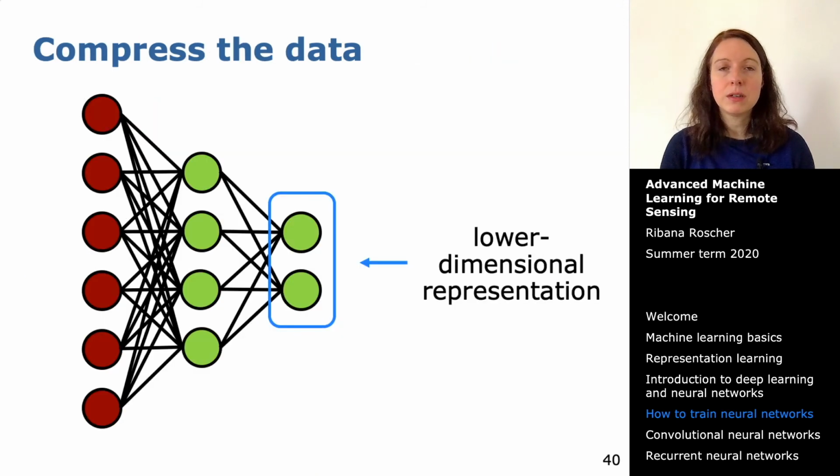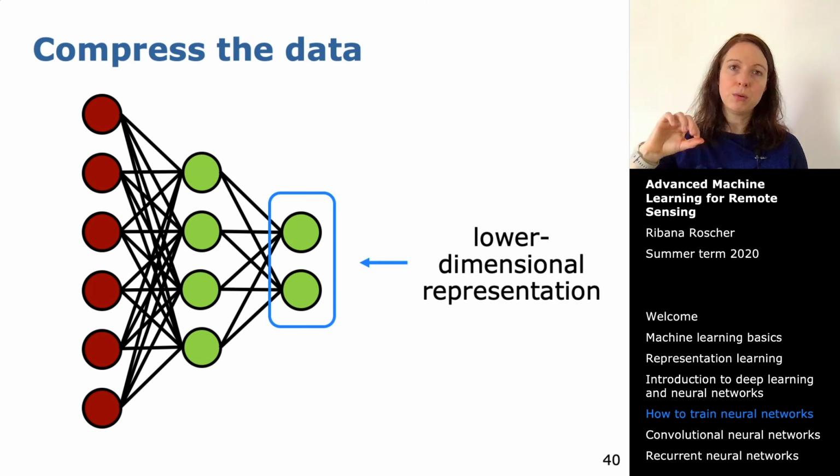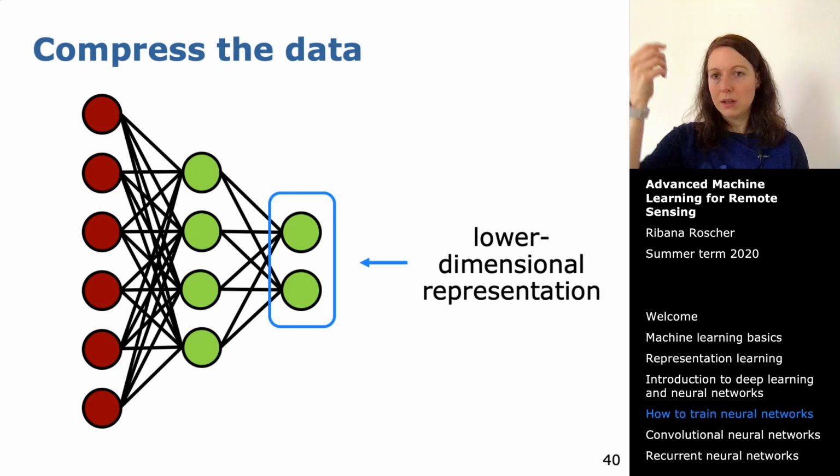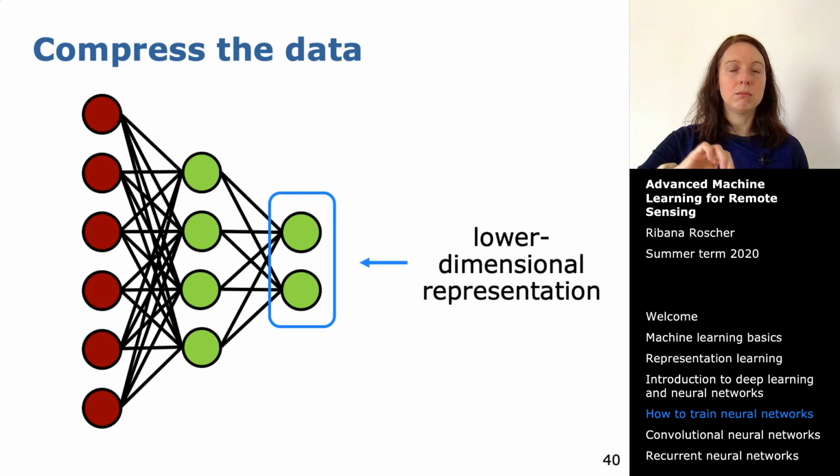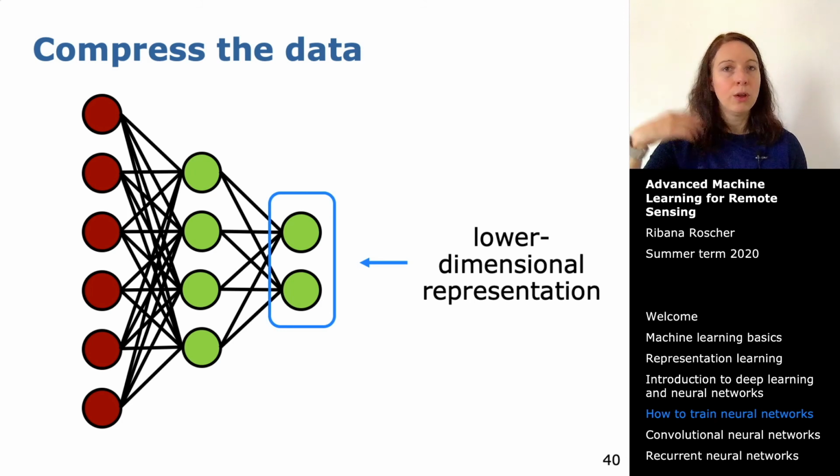I want to focus on one specific property an architecture can achieve, and this is that you compress the data. You can easily compress the data by reducing the number of neurons the deeper the layer is. So you start with a lot of neurons. Here the red ones are your observation data, your input data, and then you reduce the number of neurons, and in the next hidden layer you decrease the number of neurons even more.